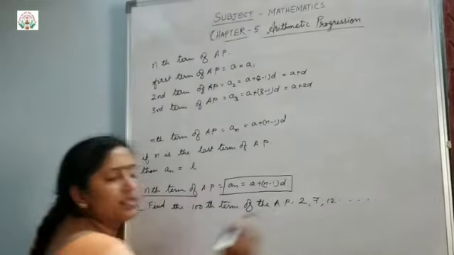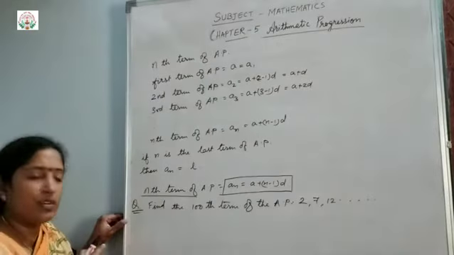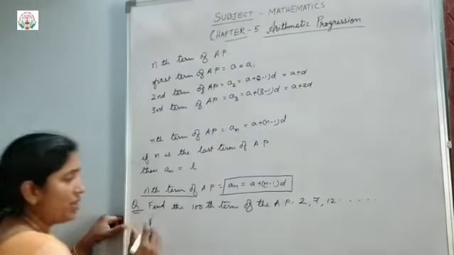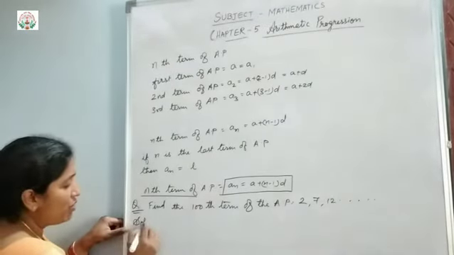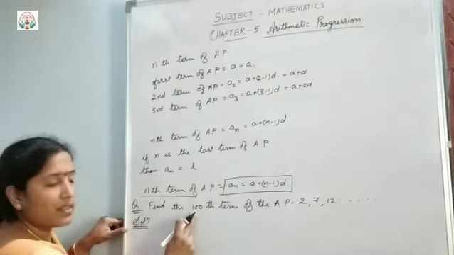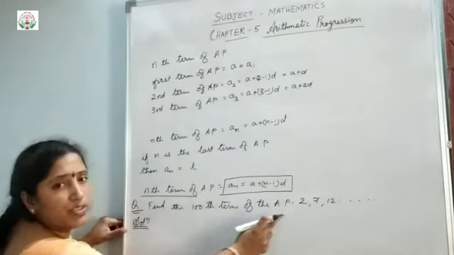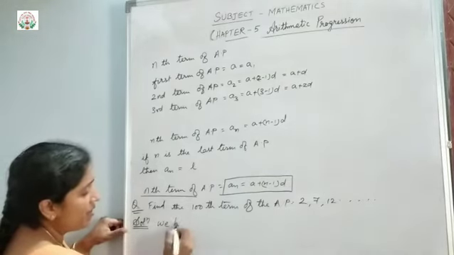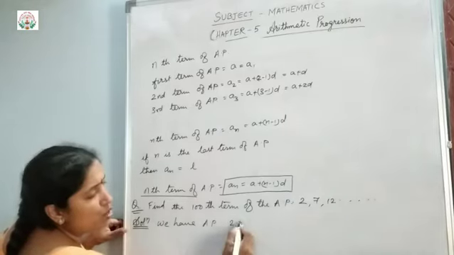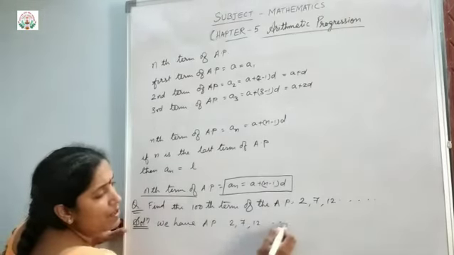As the dots are given, you know which type of AP series it is? Infinite AP series. Because we don't know the 100th term, we have to find that. So here we have the AP series 2, 7, 12 and so on.